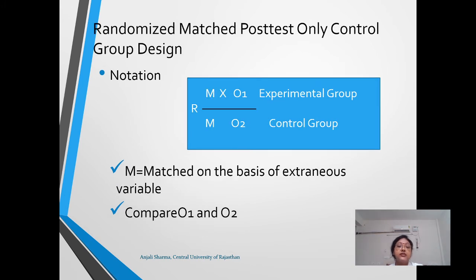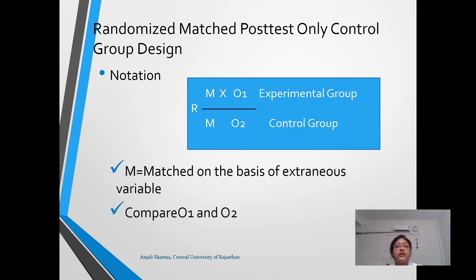Now see the next, the randomized matched post-test only control group design. This design is very similar to the previous one, because it is also a randomized post-test only control group design, but the only difference is that we are using matching here.